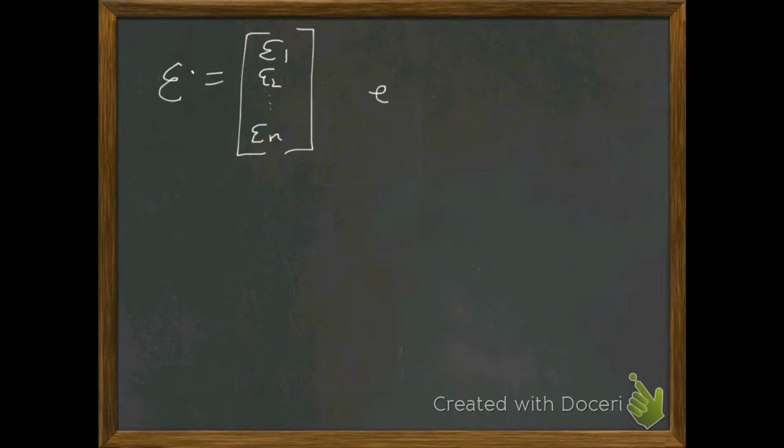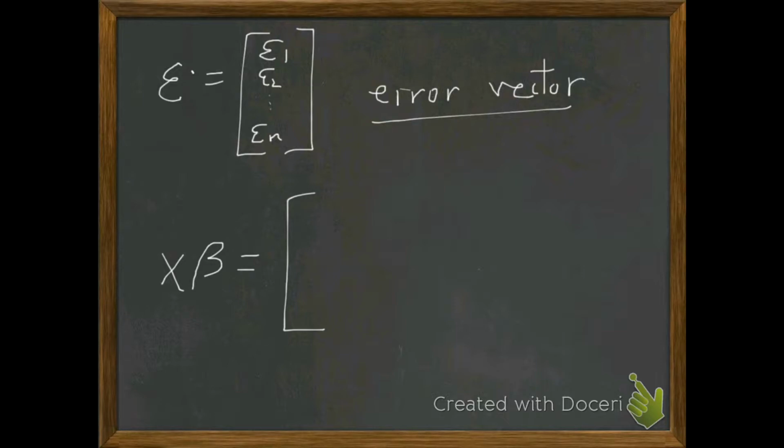And this is our error vector. Okay, now if we put x and b together, from what we know about multiplying matrices, let's go back here.